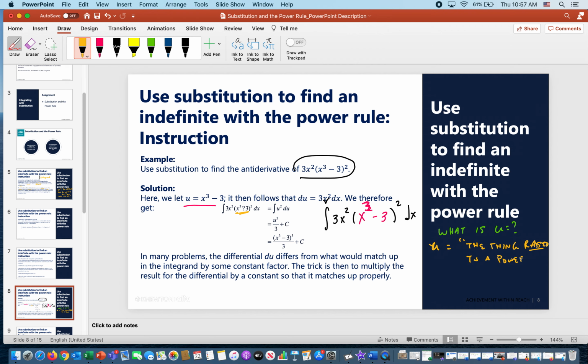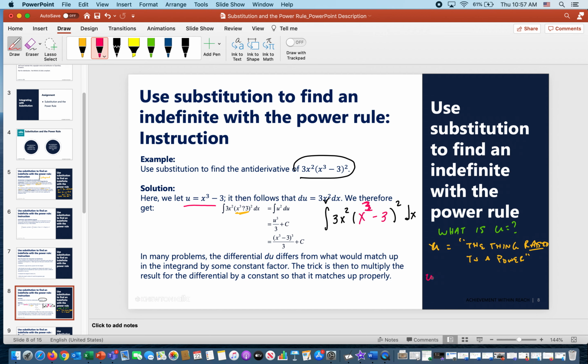You can read all about what u is supposed to equal, or if you just use down home country boy kind of talk, this is what we got: u is the thing that is being raised to a power. Now, sometimes that's hard to tell.